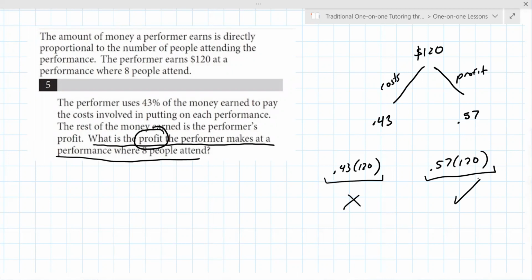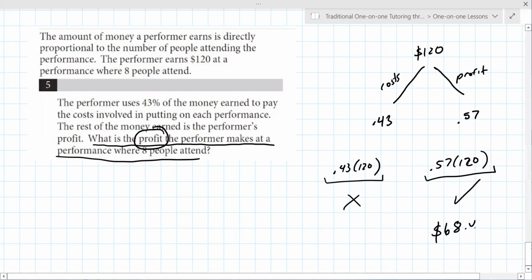Try again. Did I do it wrong? Yes. Do you want me to pull up a calculator? 2, not a 7. Sorry. 68. So 68.4 or $68.40. Good. Okay. Now, can you do this other calculation and tell me what it is?